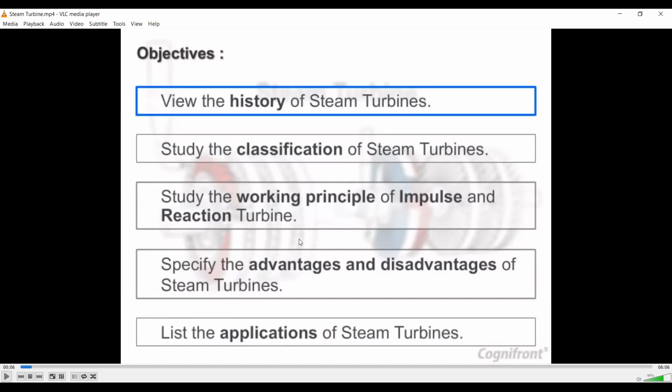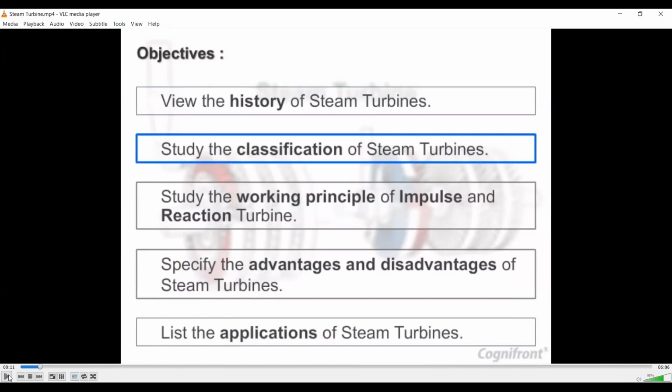There are different types of turbines, but we are going to study these impulse and reaction turbines here. Then specify the advantages and disadvantages of steam turbines. Then some of the applications related to steam turbines.